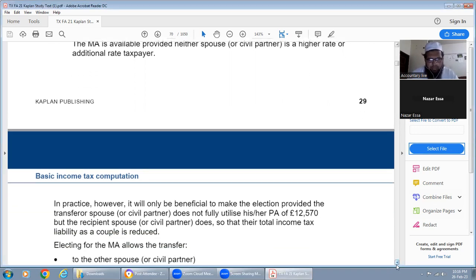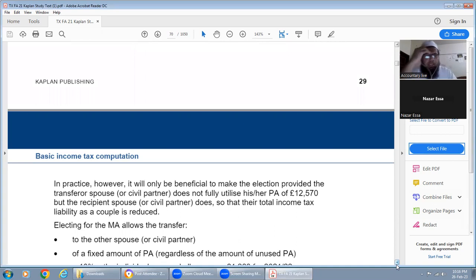If one person is not able to use all of his personal allowance, then it will be beneficial to transfer some personal allowance to his partner, so that their total income tax liability as a couple is reduced.